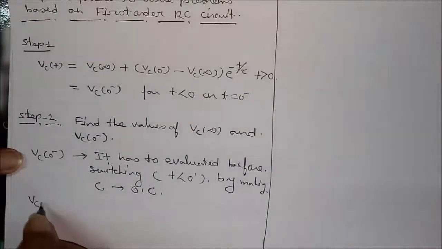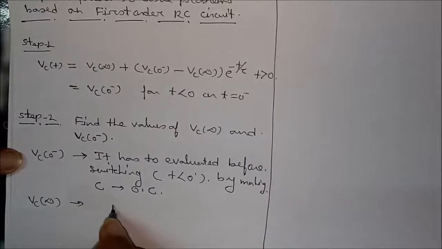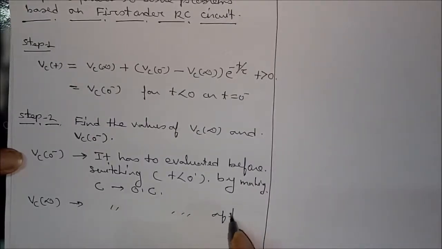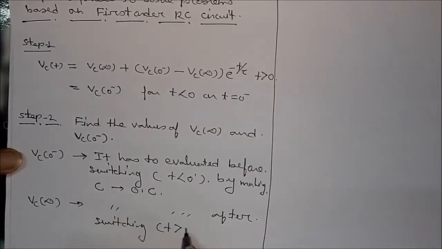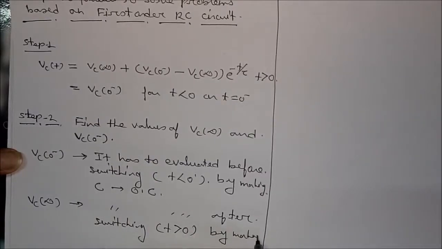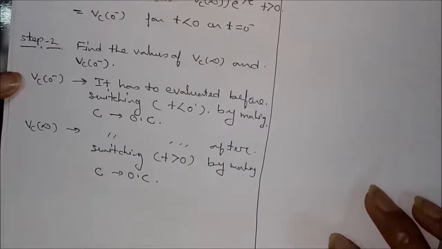Similarly, VC infinite has to be evaluated after the switching, that means t greater than 0, by making the capacitor again an open circuit. This is step number 2.